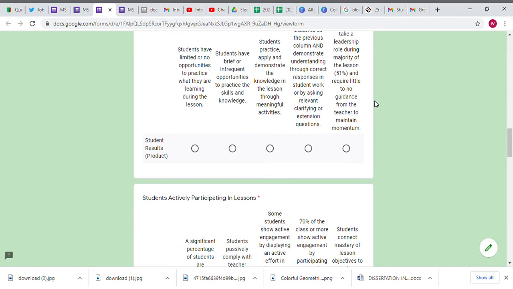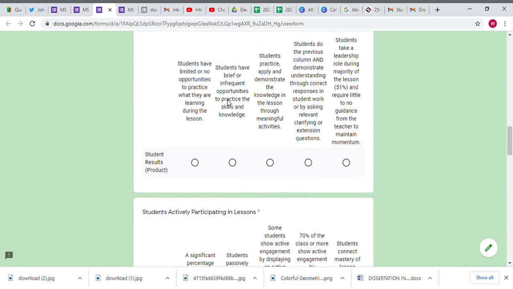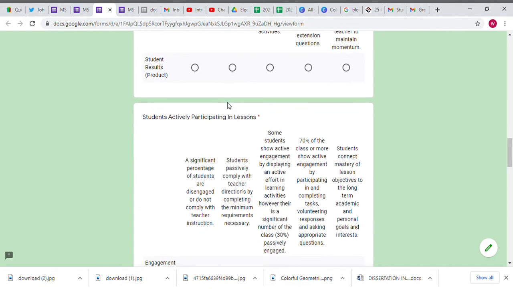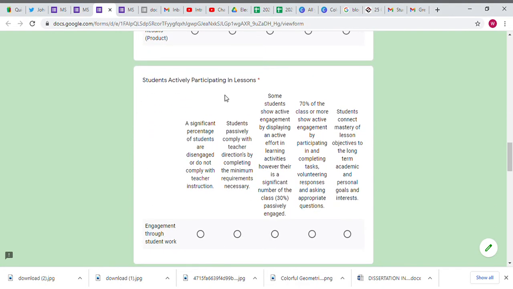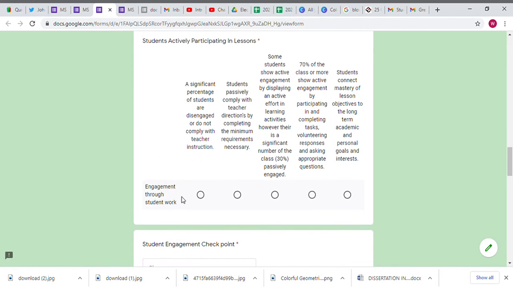Now, another thing that we said we did a lot of very well was student engagement in the activities. So we are looking now at student engagement being an effective method of instruction here. And so here is your rubric of engagement through student work.